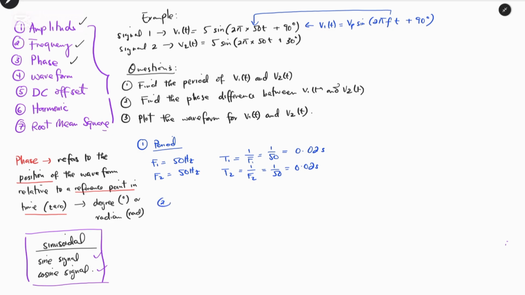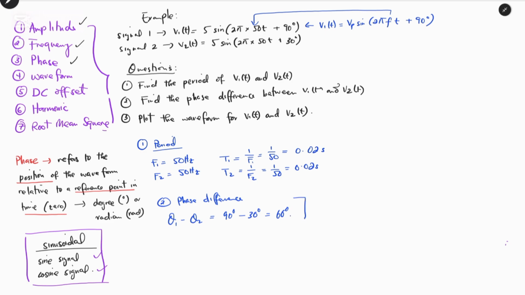The second question asks us to find the phase difference. For this, we have theta 1 minus theta 2. Theta 1 is 90 degrees and theta 2 is 30 degrees, so the phase difference is 60 degrees.